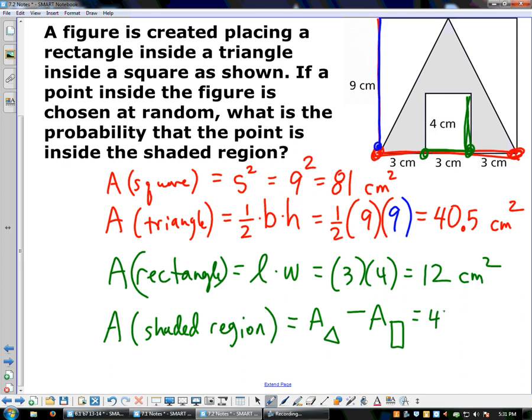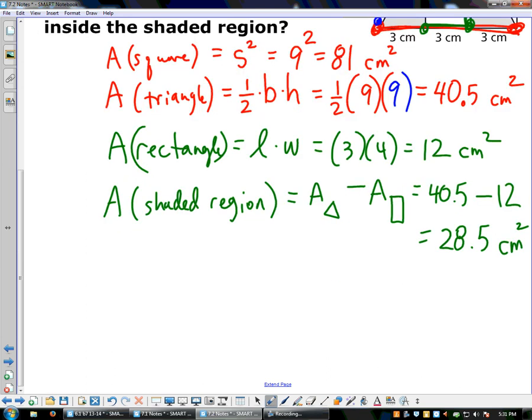So we're going to have 40.5 centimeters squared minus 12 centimeters squared. If I subtract those two, 28.5. Let's make sure. Yeah? Okay.